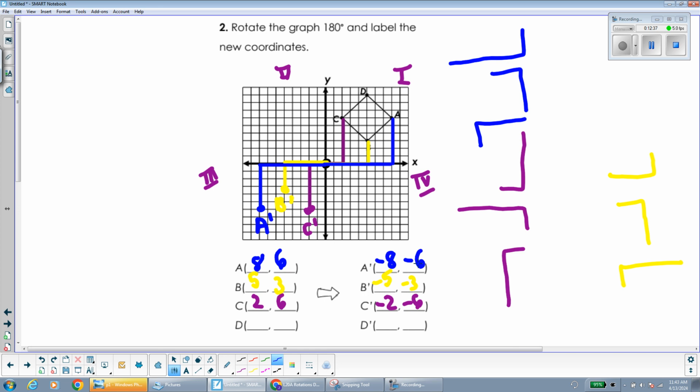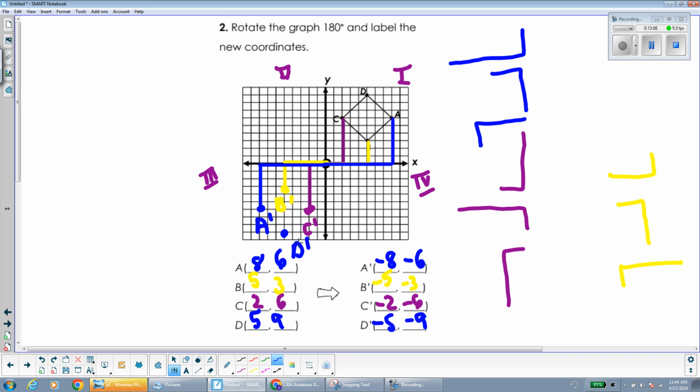And the pattern continues, as you can see, when we're rotating 180 degrees, the coordinates stay the same, but they become the opposite signs. So D is 5, 9. So the rotated point D should be -5, -9.